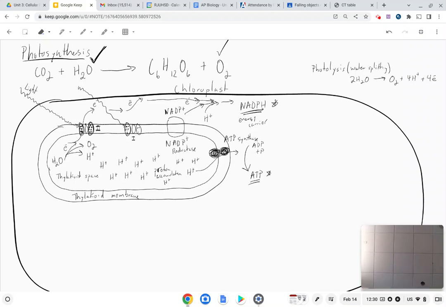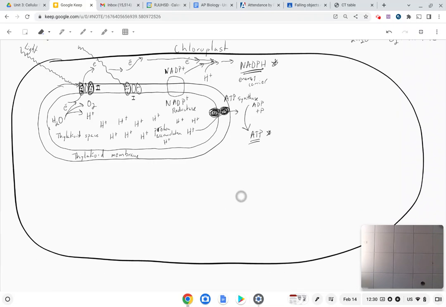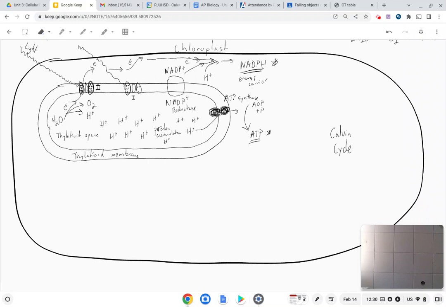All right, so label this as Calvin cycle. It is occurring in the stroma of the chloroplast. Okay.